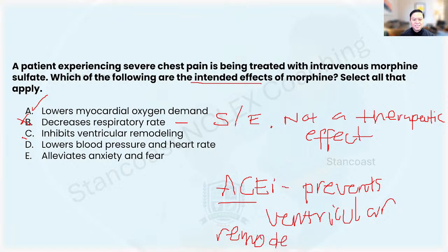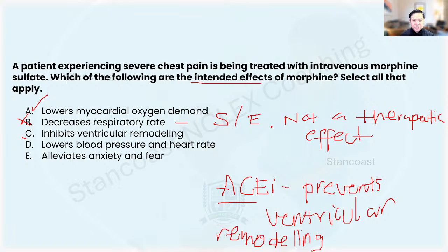What is that? Remodeling basically pertains to those structural changes that can occur after a myocardial infarction event. So the morphine doesn't prevent that.